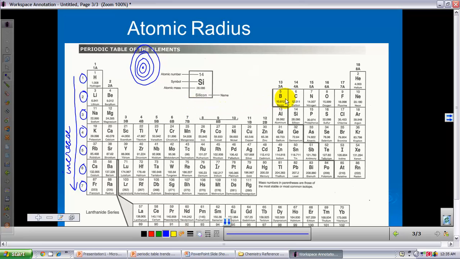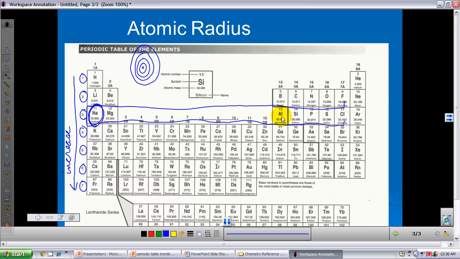However, if you go across the periodic table, that becomes a little more challenging. Let's look at the third period. We're going to look at just this period right here and these elements, and we're going to look at that trend. If you have sodium, sodium has 11 electrons and 11 protons, and it has 3 main energy levels.